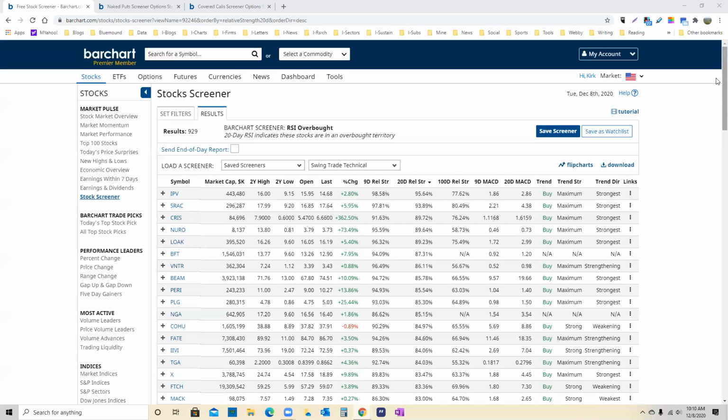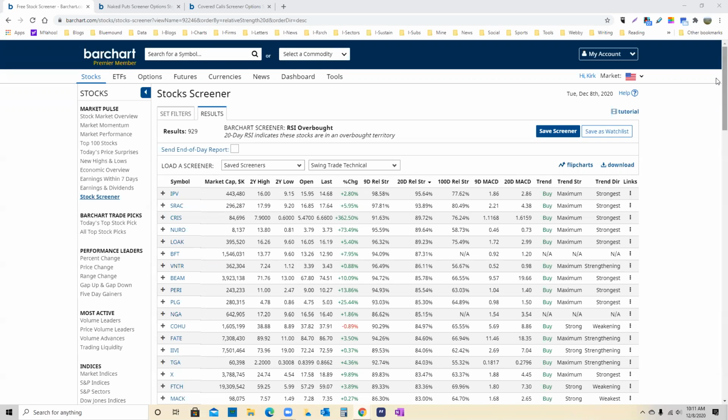But if you're looking for very good screeners, we already know that Stock Rover is one of the best super cheap ways to screen for stocks on a fundamental basis with some limited technicals. Bar Chart is one of the cheapest ways to screen for technicals with a little bit of fundamentals. So whether you want to tilt towards fundamentals or tilt towards technicals, between Stock Rover and Bar Chart, you pretty much get everything.